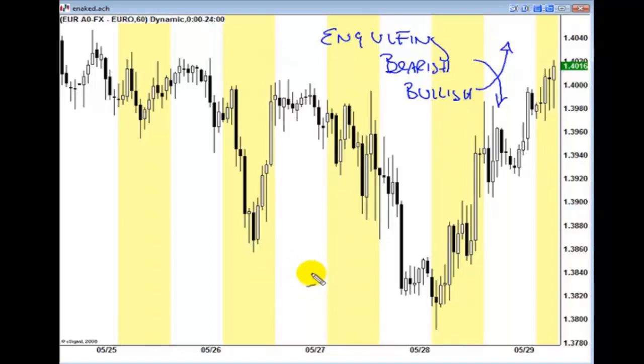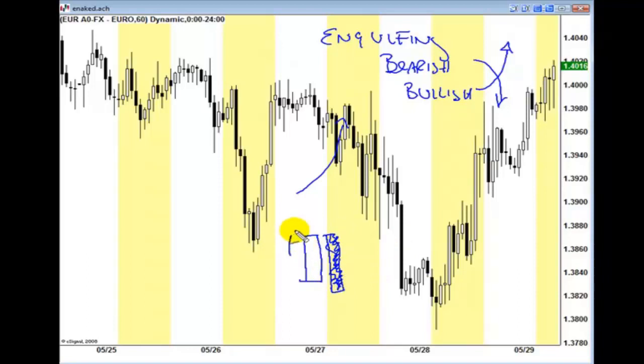So what a bearish engulfing candle looks like is you get a bullish move, let's say like this, near the top of a trend. So we've had a move up, and you get a candle like this, and then the following candle becomes a bearish candle.